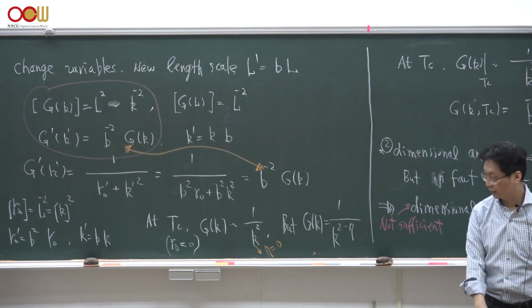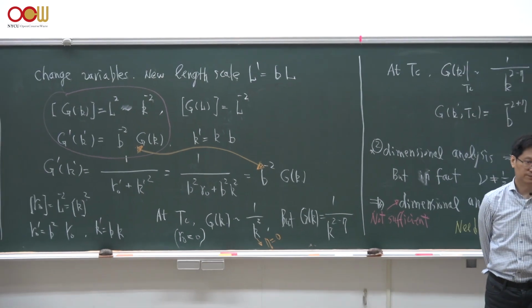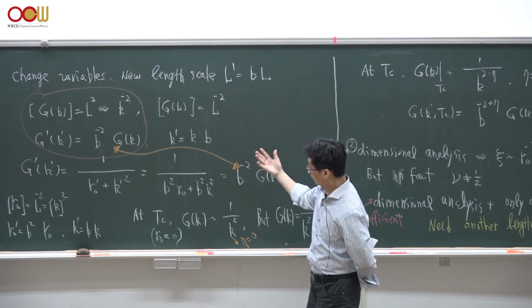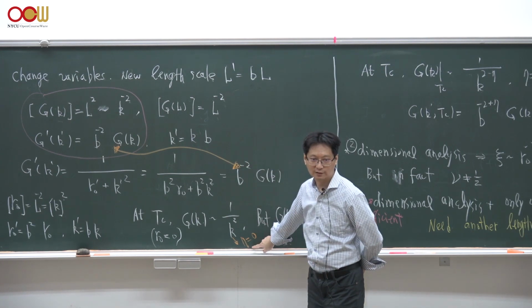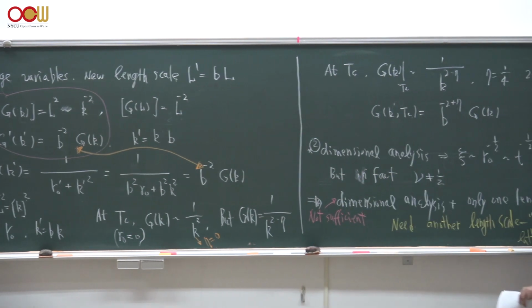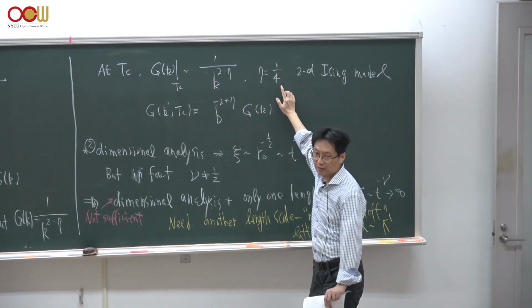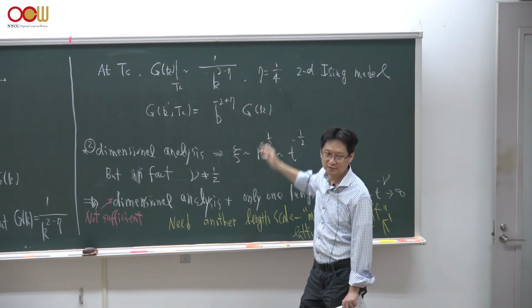So there's 1 over K to the power of 2 minus eta, where eta is non-zero. But here, by simple dimensional analysis, we only conclude that this eta is 0. In reality, for example, in the two-dimensional Ising model, this eta is given by a quarter, 1 over 4. So it's not 0.